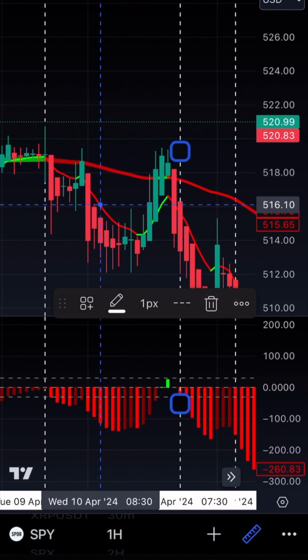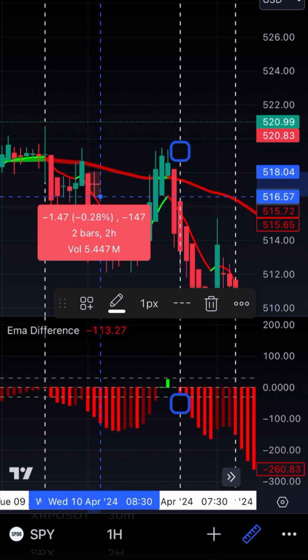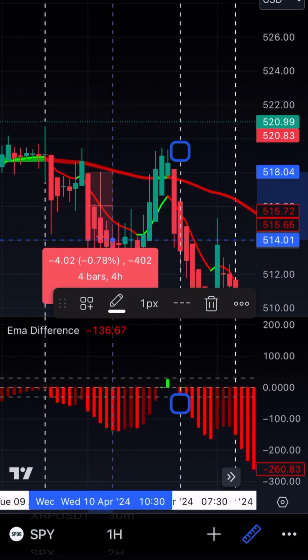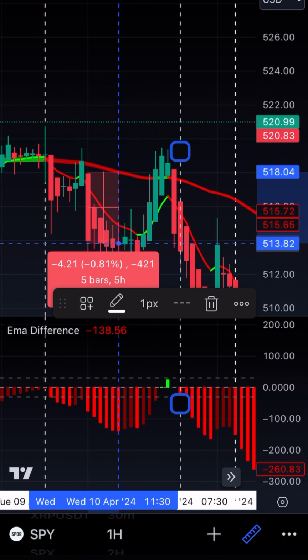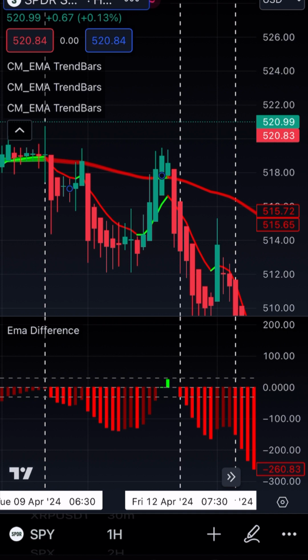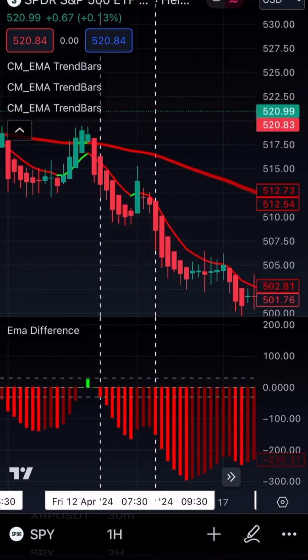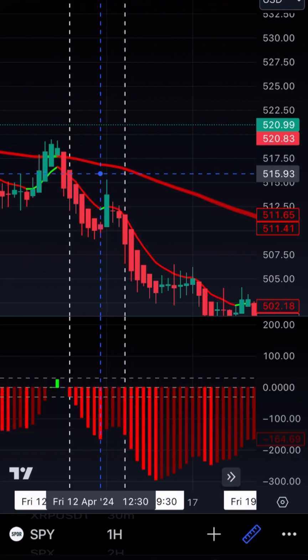You run that one, and then you just find out all the moments where it's light red. So you have another one like right here. Ride that one out from here to here. And that's $427. And then you have another one right here.